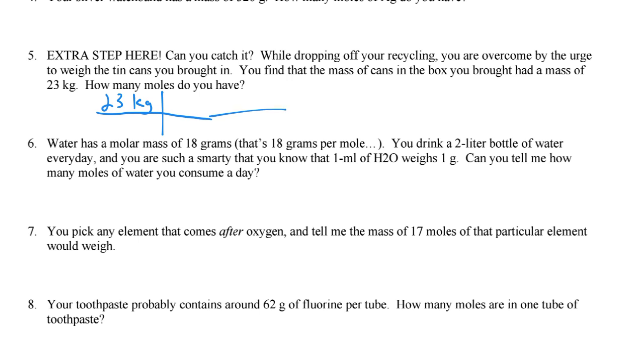So let's just do a quick calculation to get that back into grams. We know that there's 1,000 grams in 1 kilogram, and now kilograms cancel, and we'll have 23,000 grams. And then tin, Sn, has a molar mass of 118.71 grams per 1 mole. And so you end up doing 23,000 divided by 118.71, and you'll get the number of moles of tin.